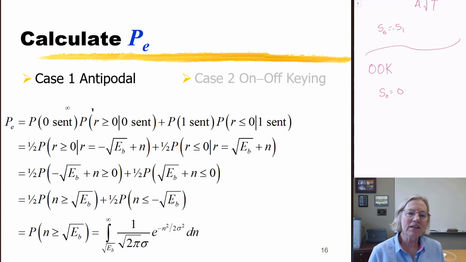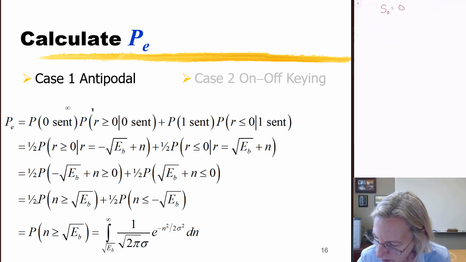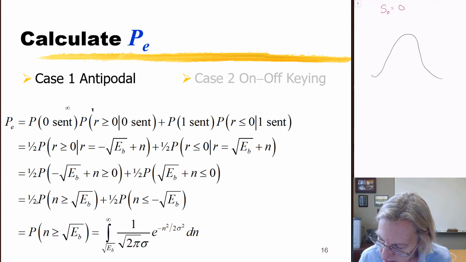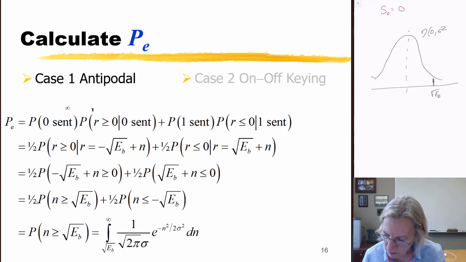So due to the symmetry of the Gaussian density, and of course when I ask the question, what's the probability that this N is greater than the square root of EB, this probability density I know is Gaussian. Let me go to the side here and just recall. This is a 0 mean Gaussian variable, so the mean is here, and I'm asking the question, what is the probability that it's greater than the square root of EB, or that it's less than minus the square root of EB?